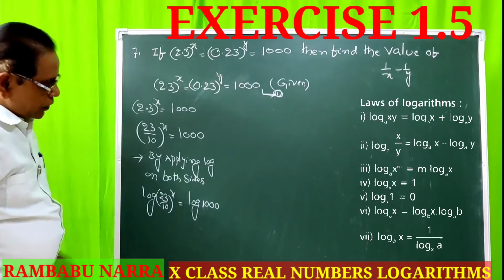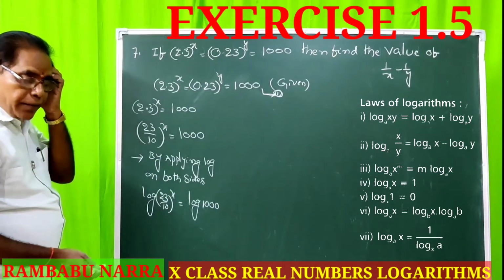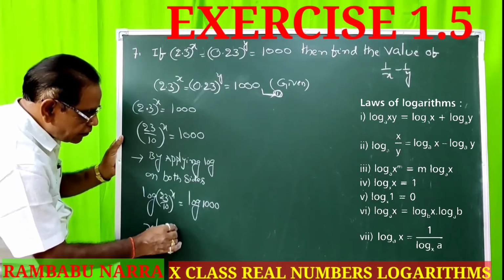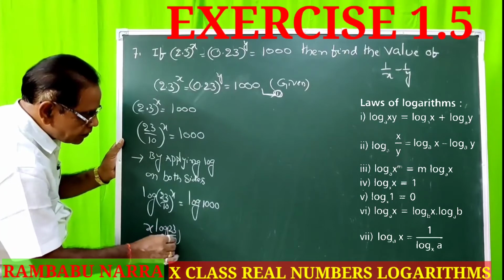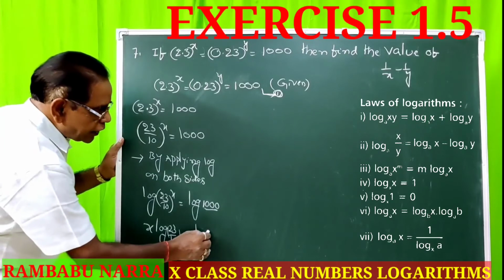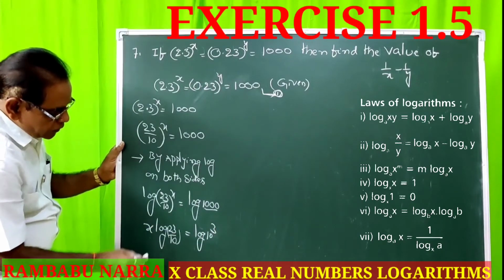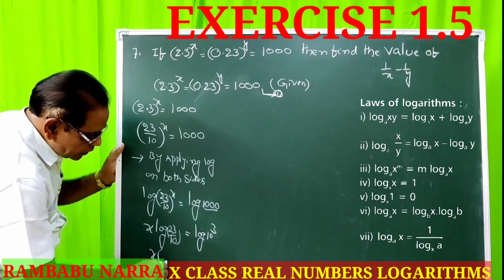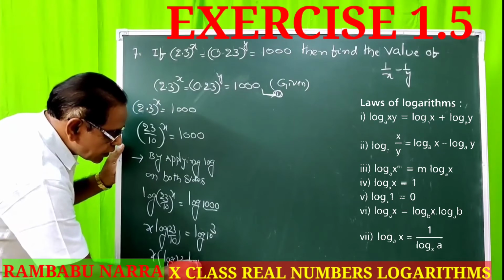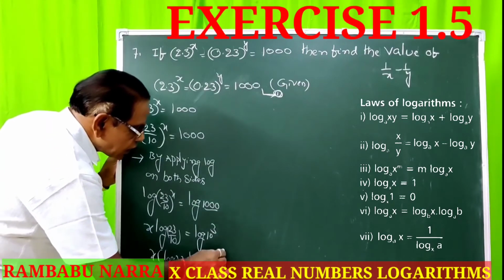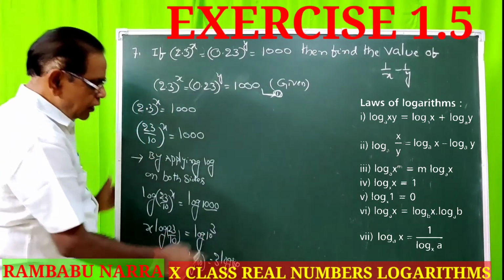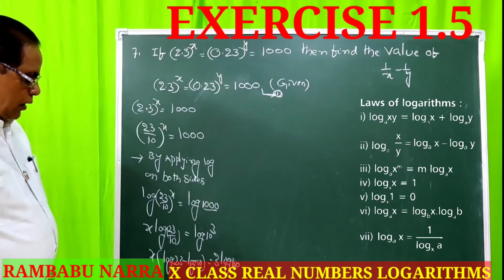Now x into log (23 by 10) equals log 1000, which is nothing but 10 cube. Now x into (log 23 minus log 10) equals 3 log 10, since log a to the power of m equals m log a.